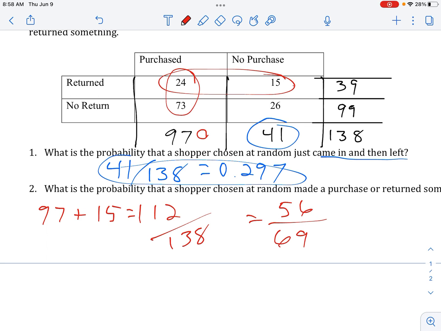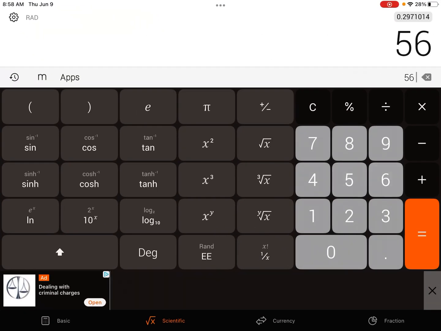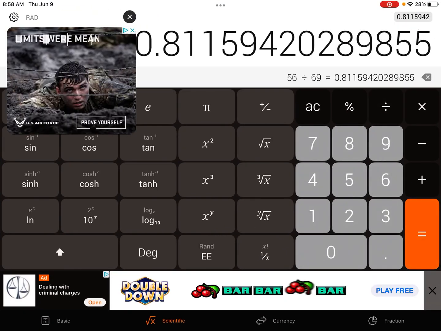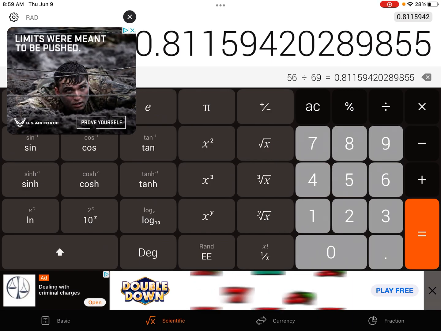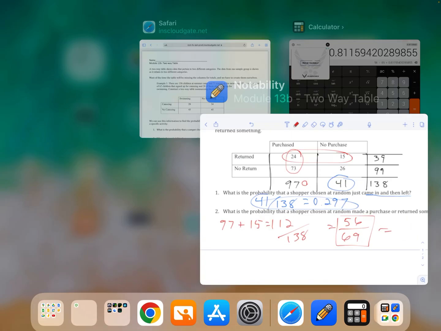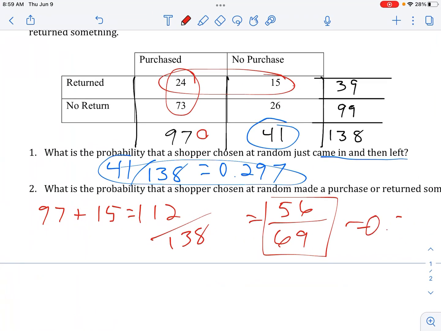Yeah, 69 plus 69 is 138. And that's probably as good as we're going to get as far as a fraction. And then 56 divided by 69 is 0.811. 0.812 if we're rounding correctly. 0.812 would be the decimal version of that.